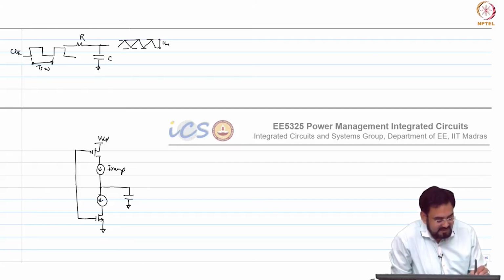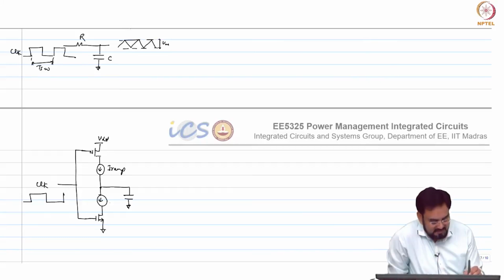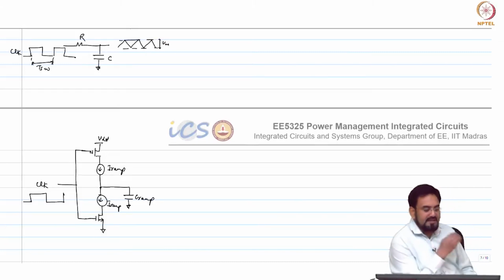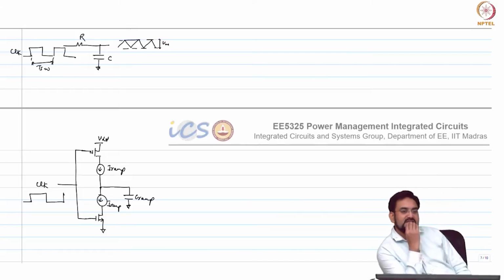So, if I give a clock signal here, what will happen? Both are IRAM. When the clock is high, it will discharge. When the clock is low, it will charge. So, you will get a charge discharge, same thing.